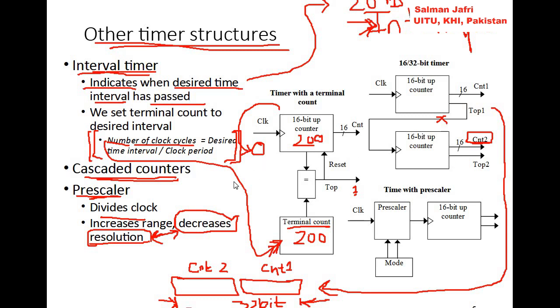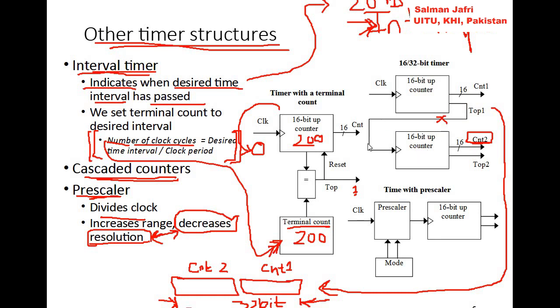Then we can have cascaded counters. As we can see, this is a 16-bit up counter and the top signal is fed to the clock of this 16-bit up counter. So whenever the first 16-bit up counter overflows, this second 16-bit up counter is incremented by 1.